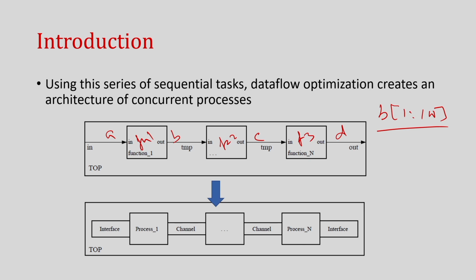In general, say B0 is produced, so the first data is produced, and function 2 can take B0 and process it. Function 2 takes B0 and produces C0. The point is that whenever some data is produced in function 1, function 2 can immediately start processing that data, and that is what will be enabled.